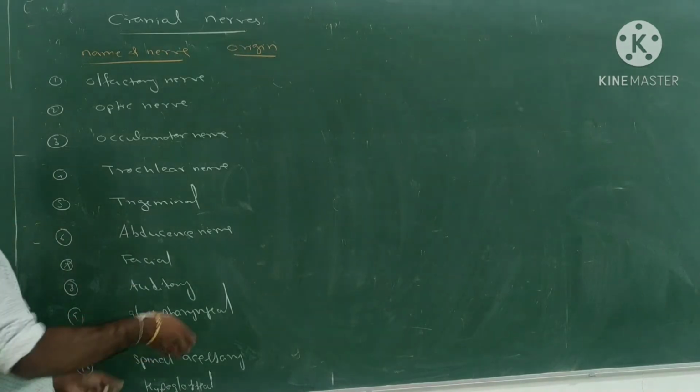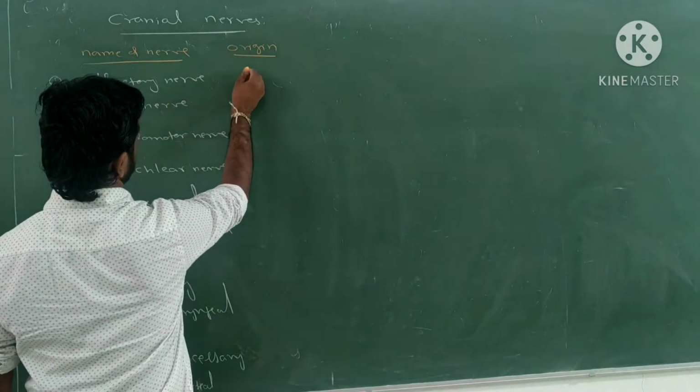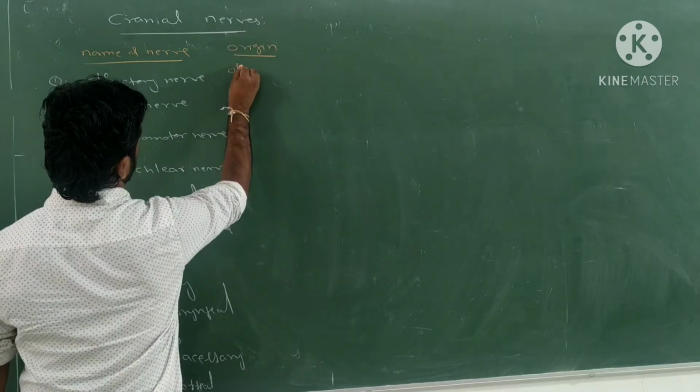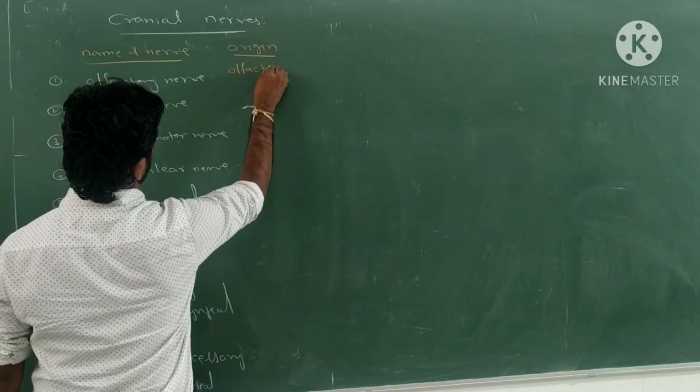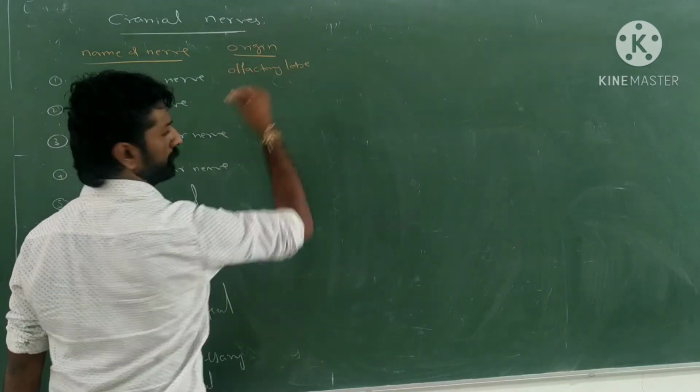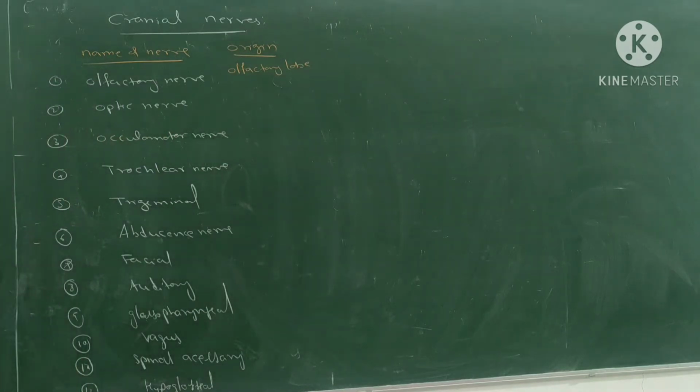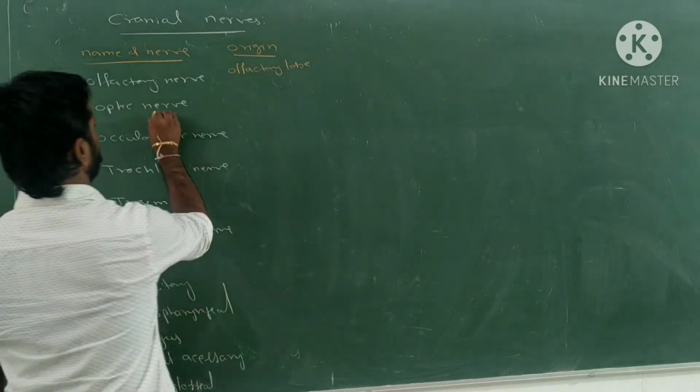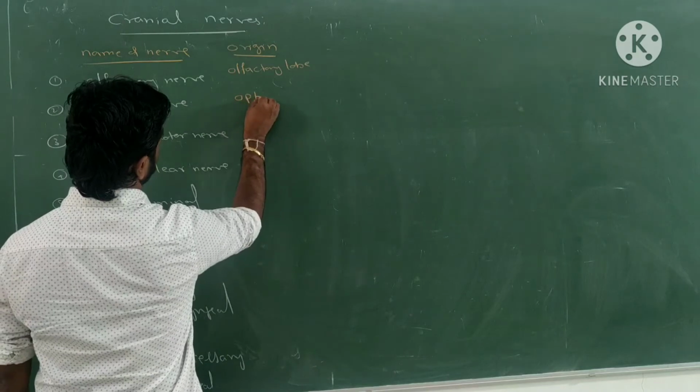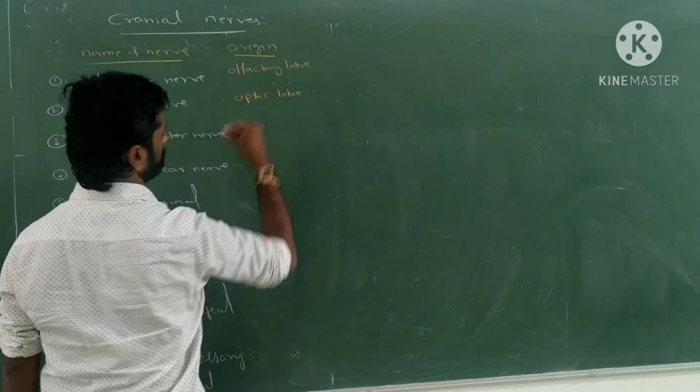What is the origin of the olfactory nerve? It originates from the olfactory lobe, and the optic nerve originates from the optic lobe.